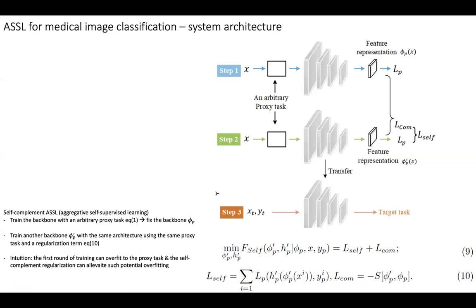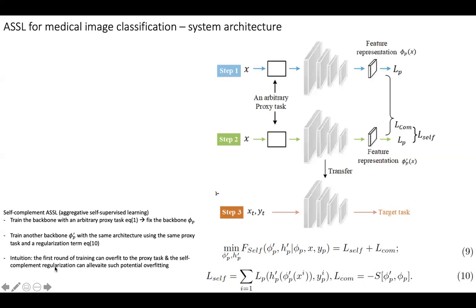It considers first the feature learned from the first step, and also the feature representation learned in the second step. And in the new training process, the new model is expected to learn a feature that is very different from the previous round of representation.